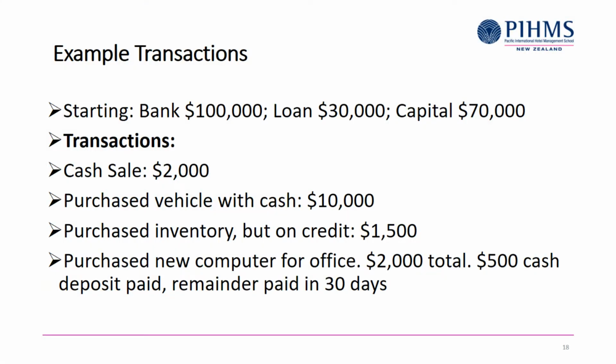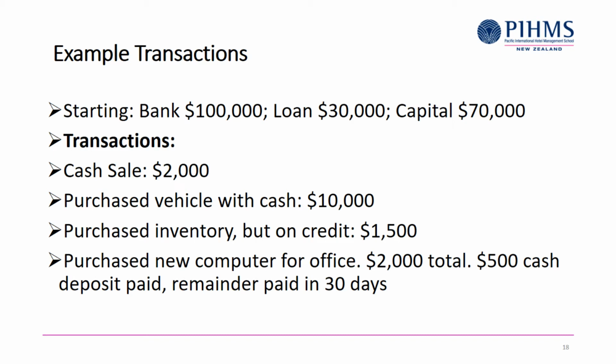Last one that we're going to record here is purchase a new computer. Now, you'll remember me saying before that there's at least 2 accounts involved. Well, this is a special one that involves 3 accounts. Okay, let's read it. Purchased a new computer for the office. $2,000 is the total of it. We paid a $500 cash deposit, and the remainder we will pay in 30 days.